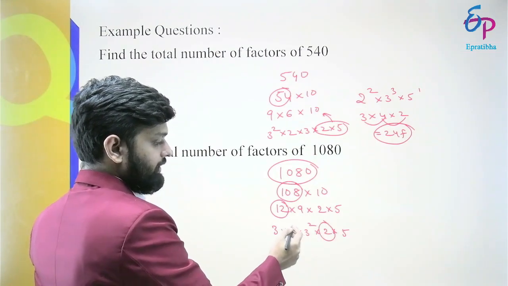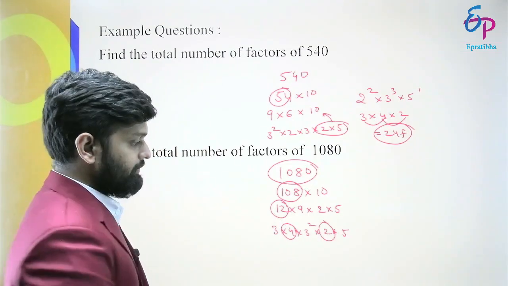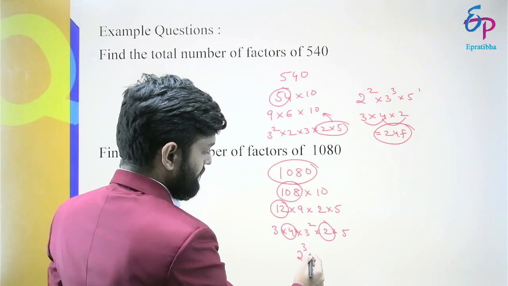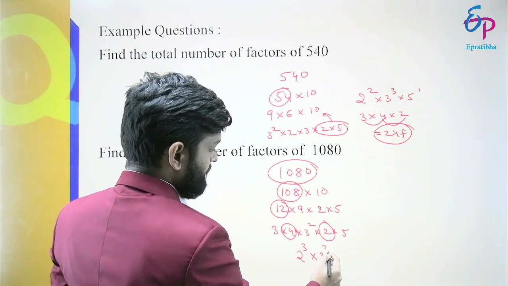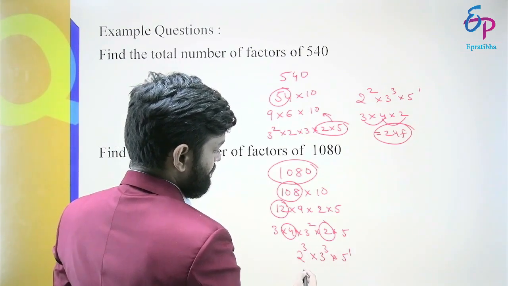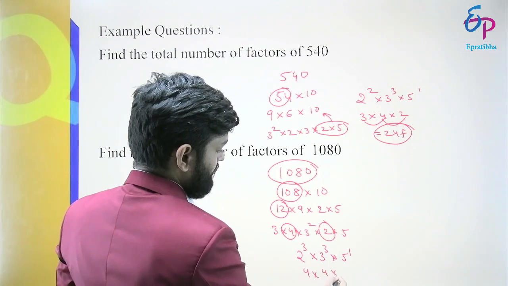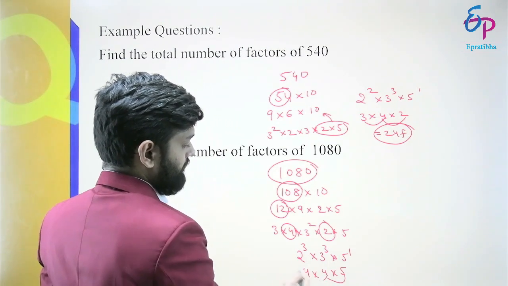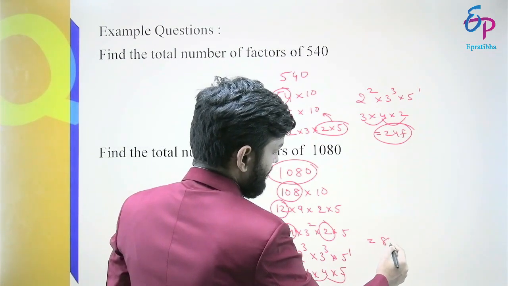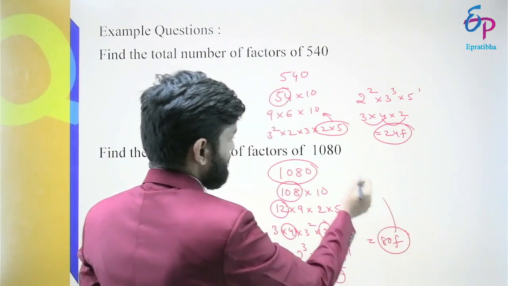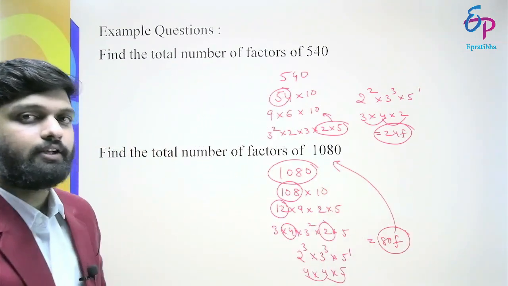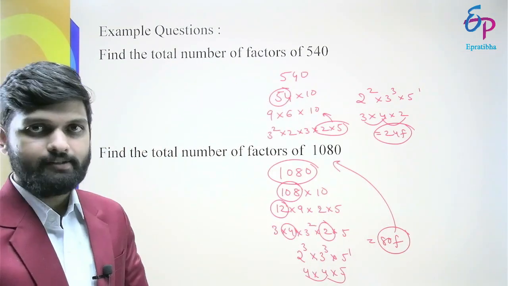Here 2 is there. Here 4 means 2 square is there. That means it is 2 cube. And this is 3 cube. And it is 5 power 1. That means 4 into 4 into 5, 16 into 5 is 80. There are 80 factors for this 1080.